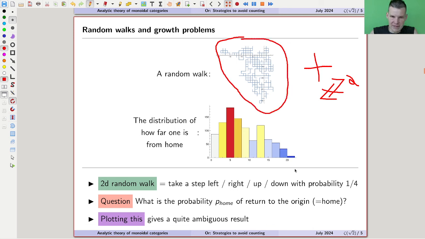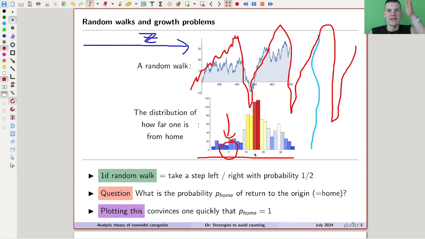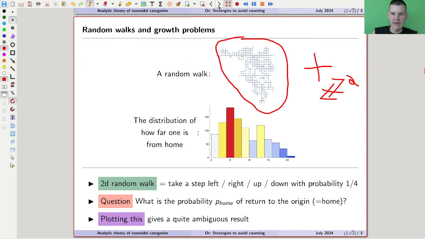So by the way, here I don't need to take the absolute value, and it's believable that the random walk will move outwards, but there will be some non-zero contribution around the origin, even if it's very large. And here it looks like there will be some non-zero contribution if you have taken very many steps. So this is just many steps taken. But it's not quite clear. So you get a bump around here.